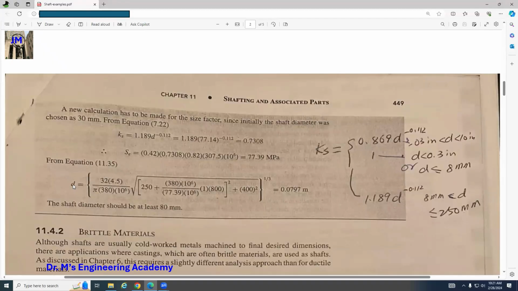If these two values are very, very close, we can stop the iteration and say, this is the D that I recommend to my customers. Okay, so pay attention to this one. I will post this one online, and this is very useful. This procedure can be applied to all other sets of equations.